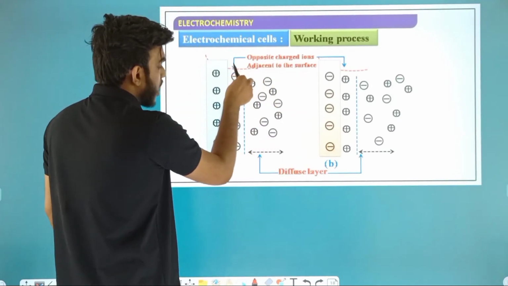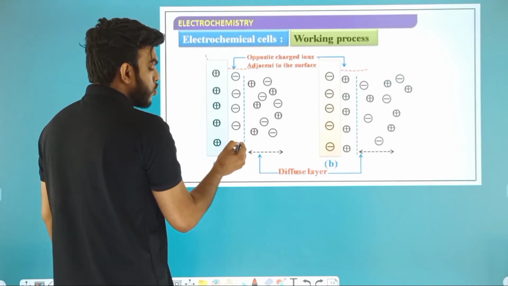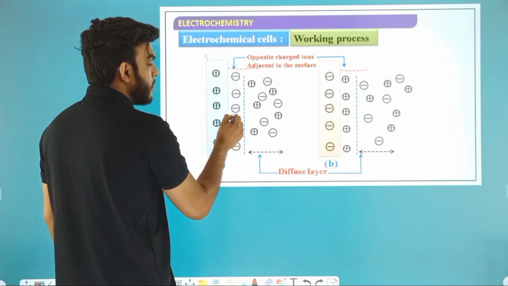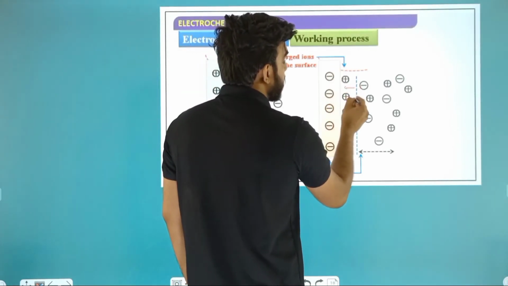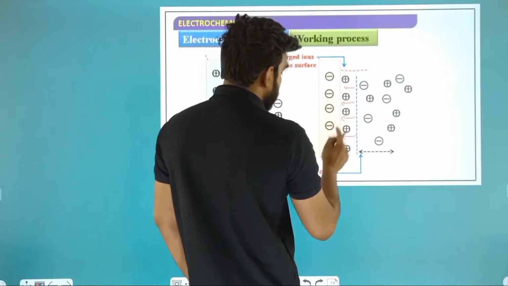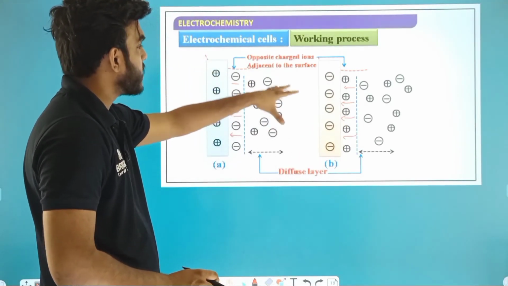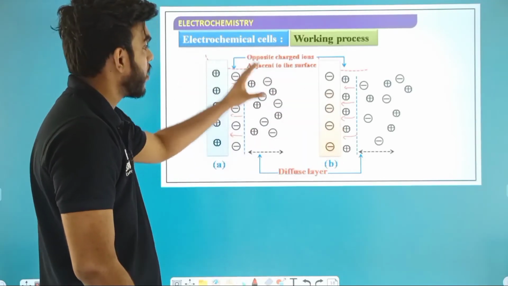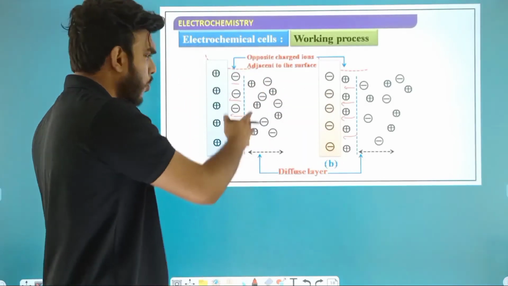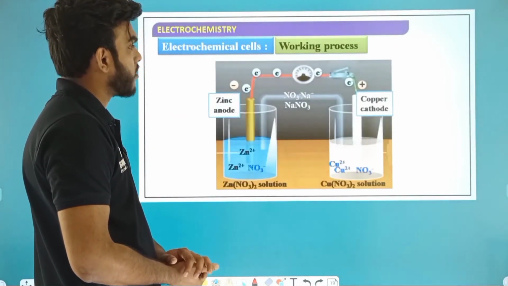Since the anode is positive, negative ions will be attached to it, and the cathode is negative, where you can see the positive ions are attached. This is the layer in between them. This is the actual internal reaction figure of a galvanic cell. So this is the actual representation of a galvanic cell.